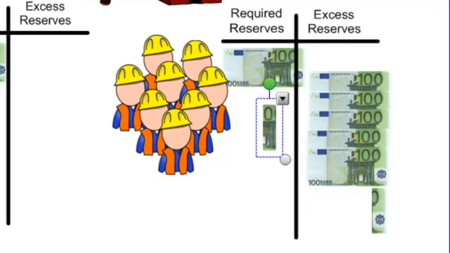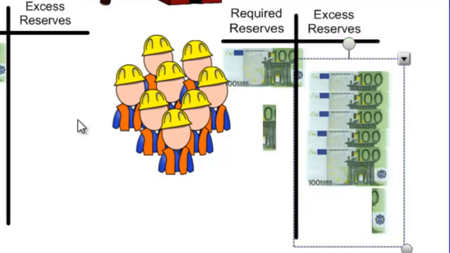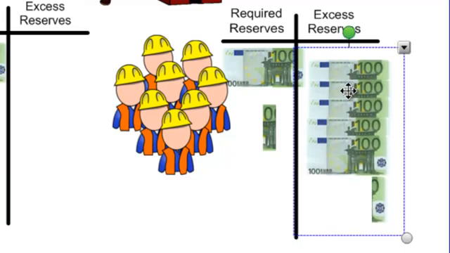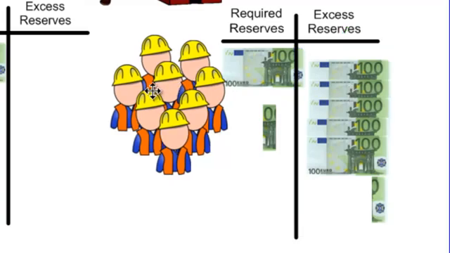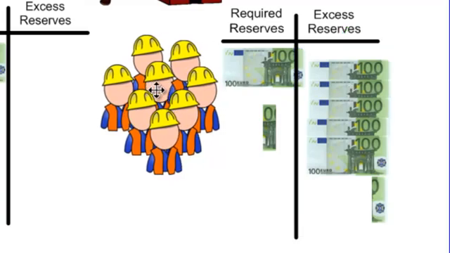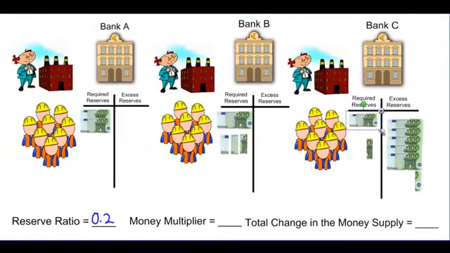Now we have 128 euros in required reserves, leaving Bank C with 512 euros in its excess reserves. Of course, this process will continue. Bank C will lend out its excess reserves to yet more borrowers who will spend that money on the production of goods, employ more workers who will spend that money, and it will ultimately be deposited in yet another bank. All along the way, more money is being created.